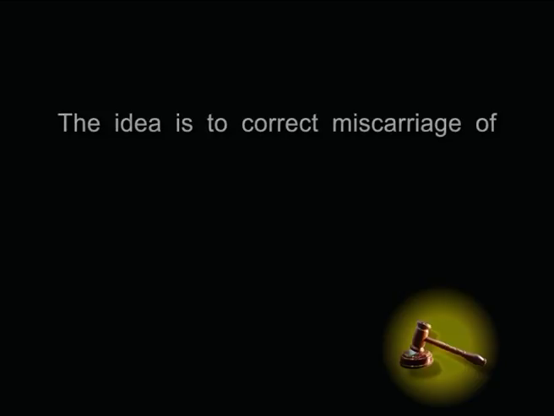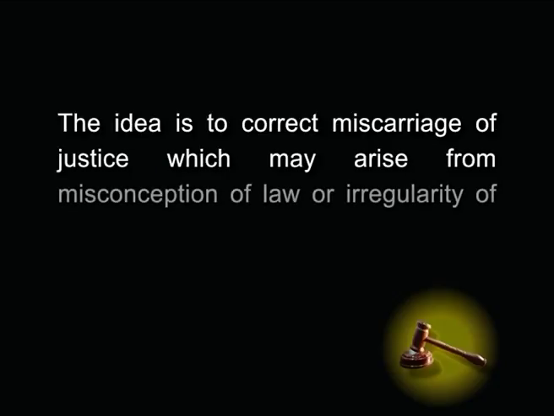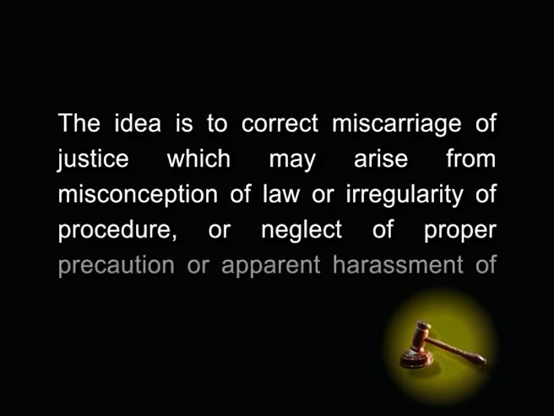Now, revision. What is revision? The object of revisional jurisdiction is to confer upon superior criminal courts a kind of paternal or supervisory jurisdiction. The idea is to correct miscarriage of justice which may arise from misconception of law or irregularity of procedure or neglect of proper precaution or apparent harassment of treatment and others like that.